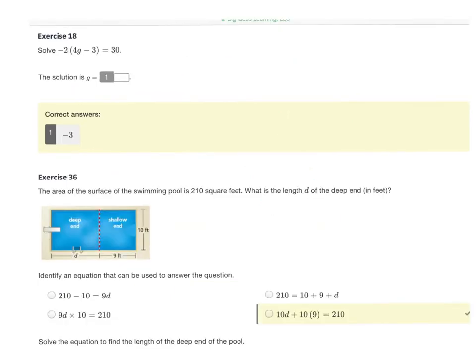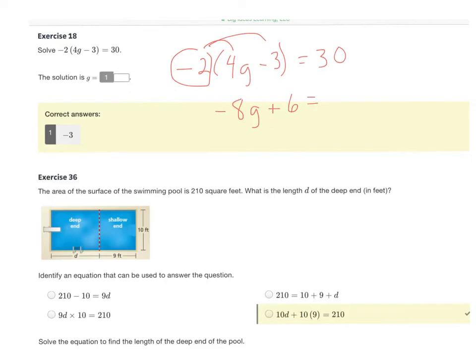On number 18, I've got negative 2 parentheses 4g minus 3 is equal to 30. I'm going to take negative 2 and distribute it. So negative 2 times 4g is negative 8g. Negative 2 times negative 3 is positive 6 is equal to 30. I'm going to get rid of that plus 6.